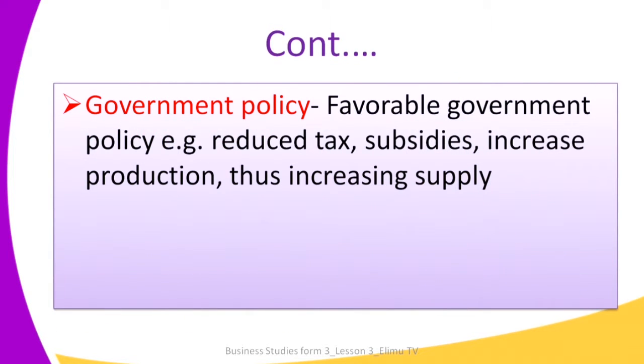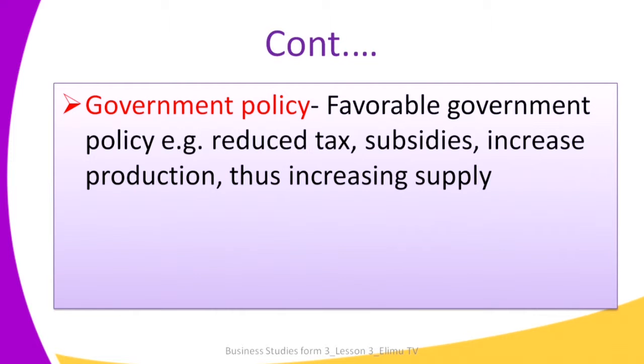The other factor is the government policy. And you find that if the government offers favorable policy, for instance, reduced tax, or giving subsidies, which is part of the production cost that is catered for by the government. This is whereby the government takes up some cash and gives it to the producer.